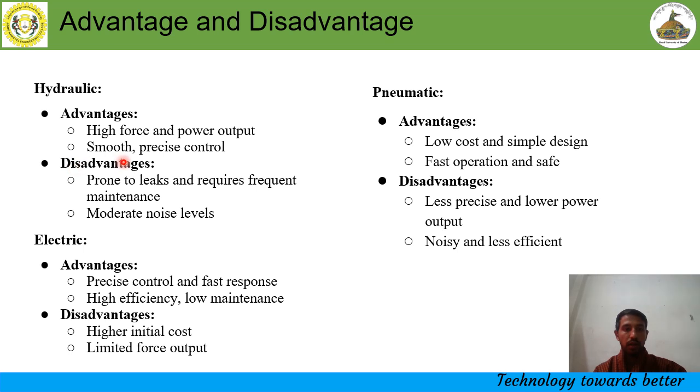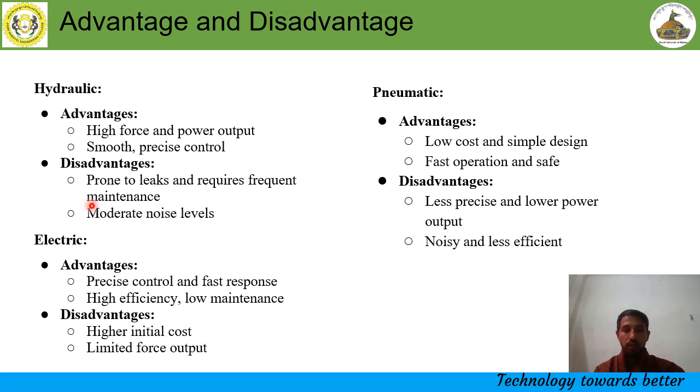The disadvantages are that they are prone to leaks and require frequent maintenance. There is a leakage risk because the fluid is used inside a cylinder or other pipes, so it is leakage prone. And it has a moderate noise level.